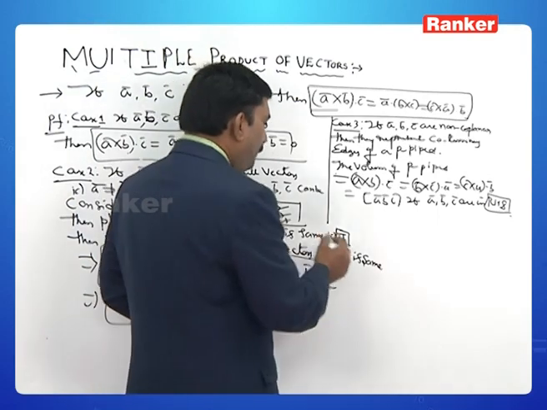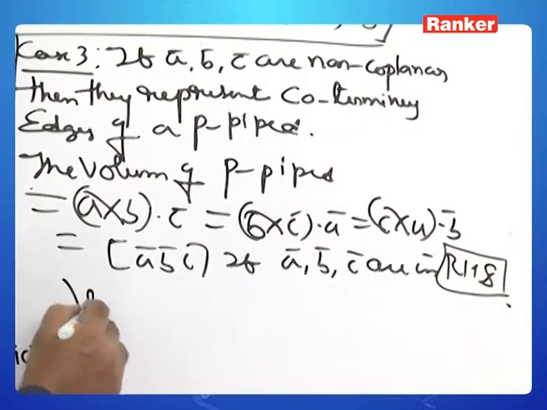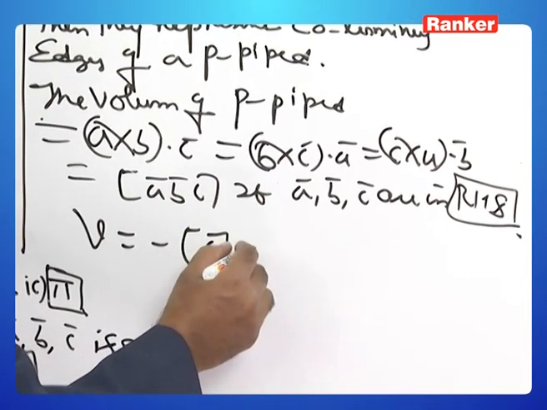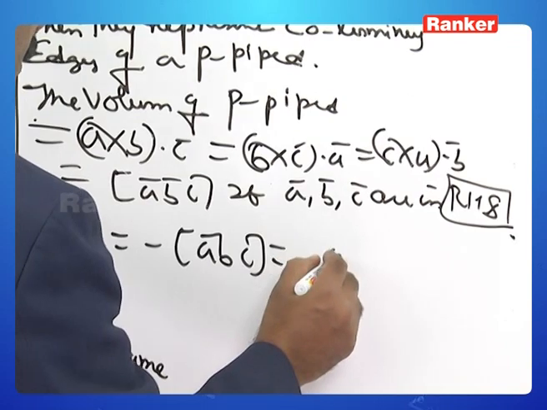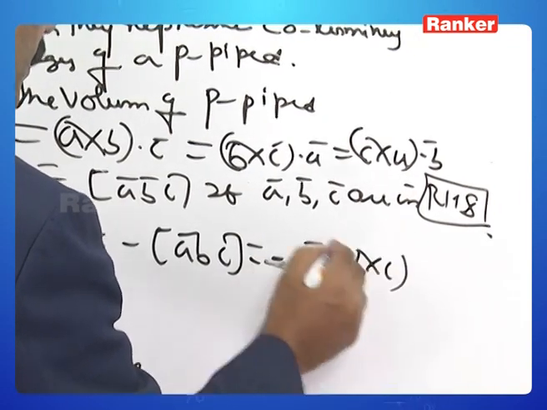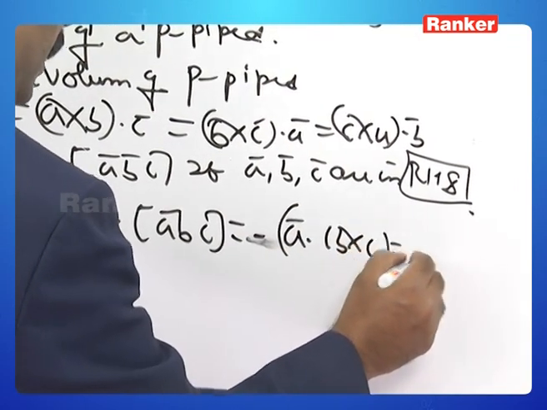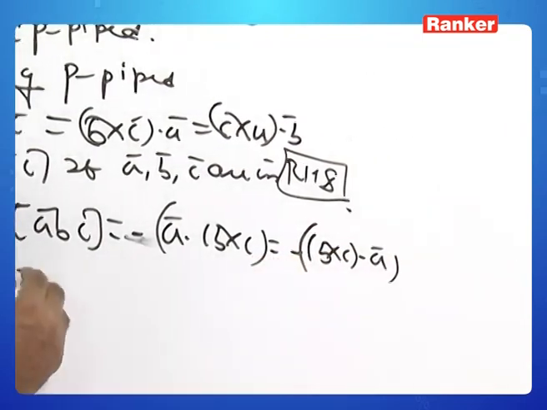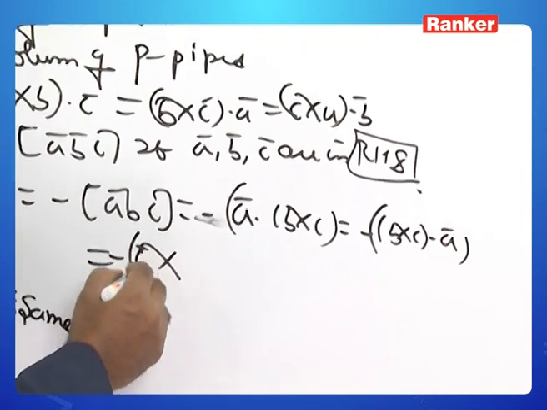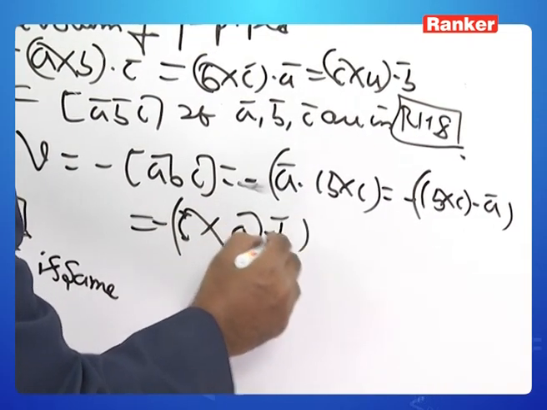Sir, now look here, now I can write volume V is equal to minus box of ABC. That is equal to minus of A bar dot of B cross C, or this may be equal to minus of B bar cross C bar dot A bar, or this may be equal to minus of C cross A dot B bar, right?